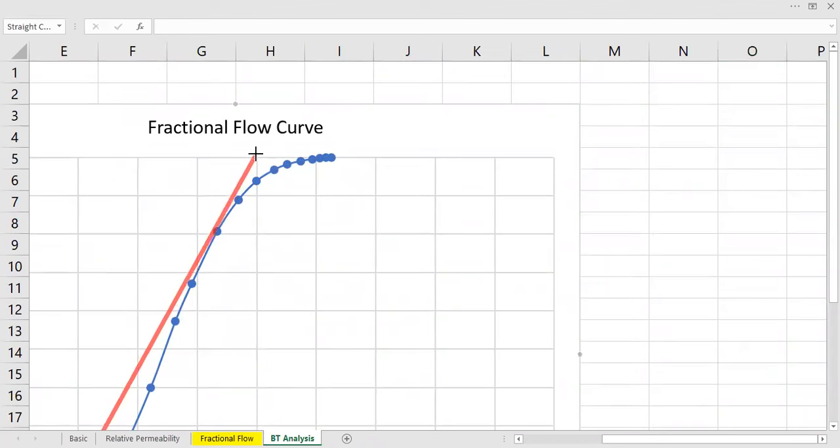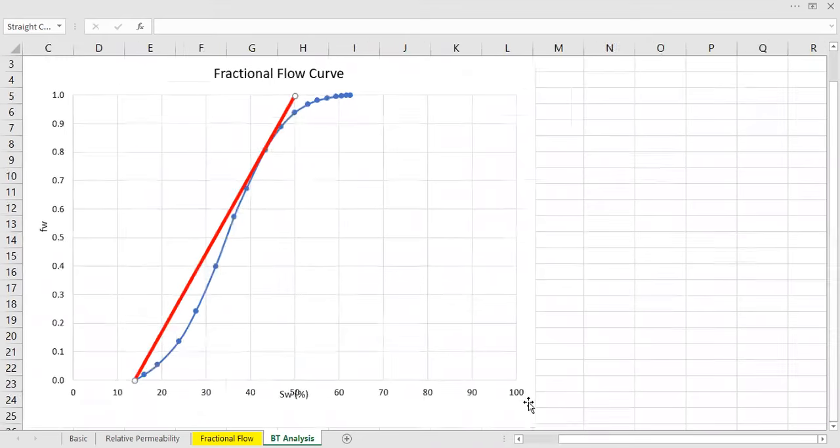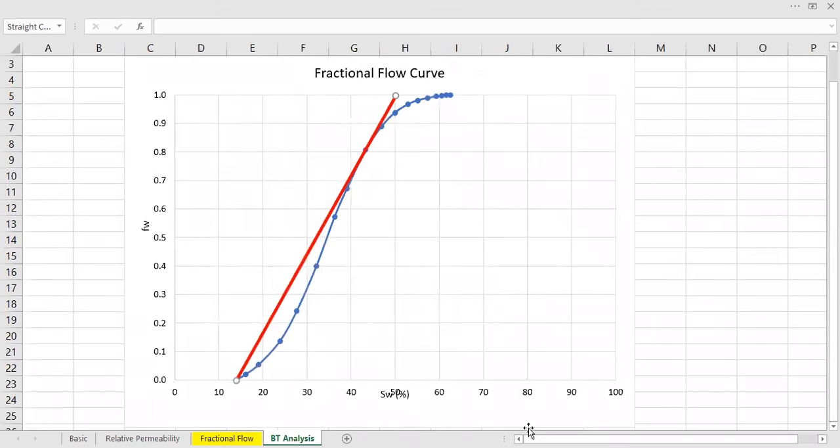The simplest way is to just read the chart. I think the two lines meet at this point. At this point, this is the water saturation and the fractional flow at breakthrough.